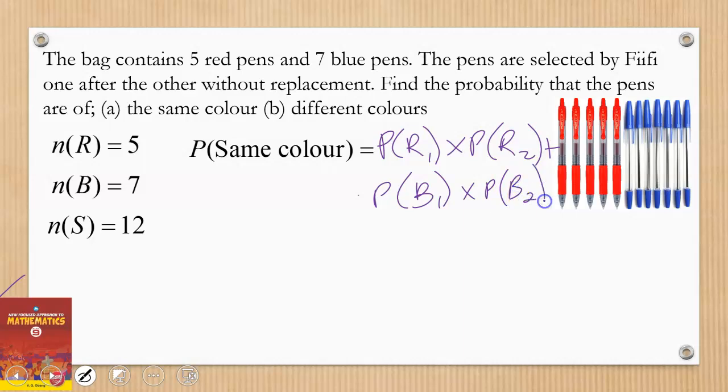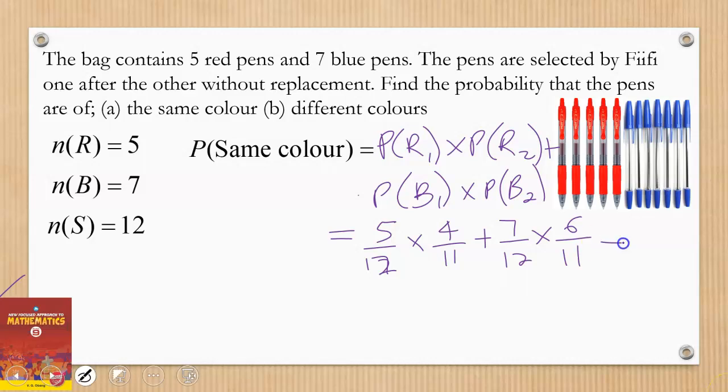So when we make substitution, the first one being red means 5/12 times the second one being red also 4/11, plus the first one is blue over 12, and the second one is the same blue over 11.